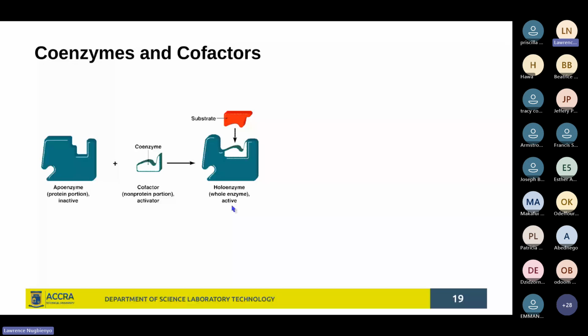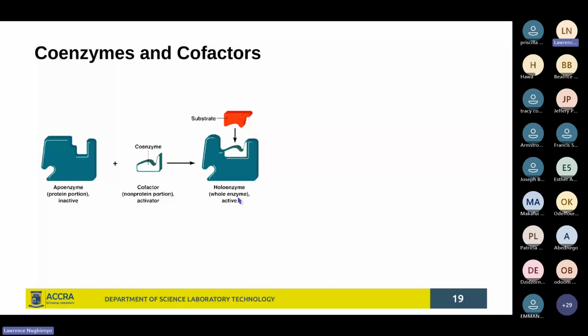Here it is inactive, where the cofactor has not attached to it. It's just the enzyme. But when you have the coenzyme now coming to get attached to it, you now have it as an active enzyme. And that active enzyme is referred to as a holoenzyme.